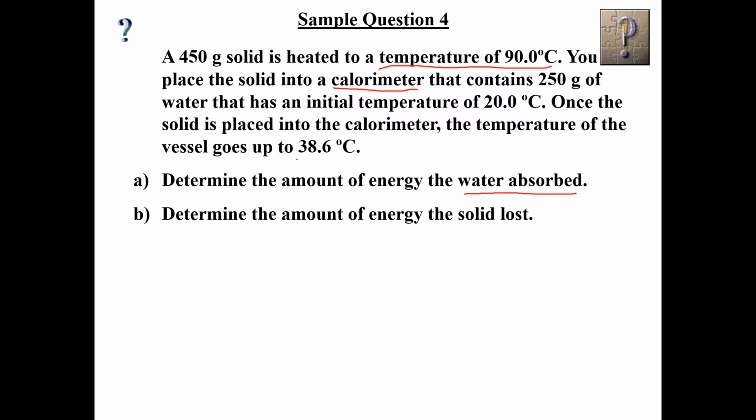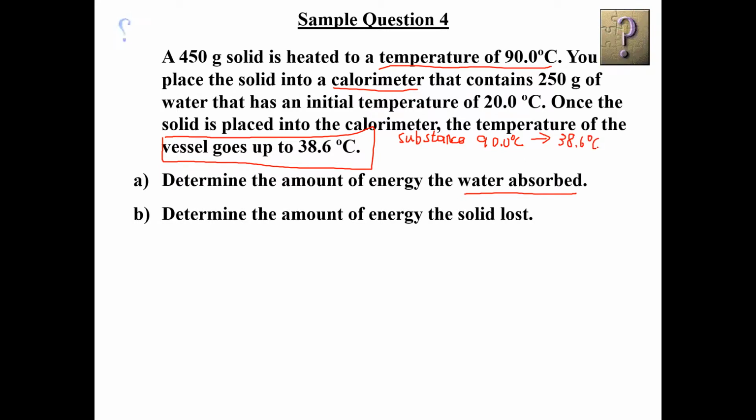One thing I want to take note of: because the vessel goes up to 38.6 degrees Celsius, that's the temperature for the entire substance. So the substance, just to help you, went from 90 degrees to 38.6 degrees.